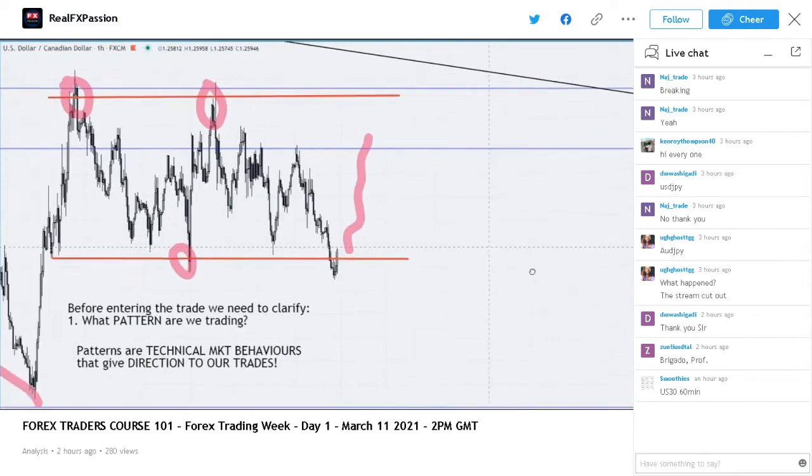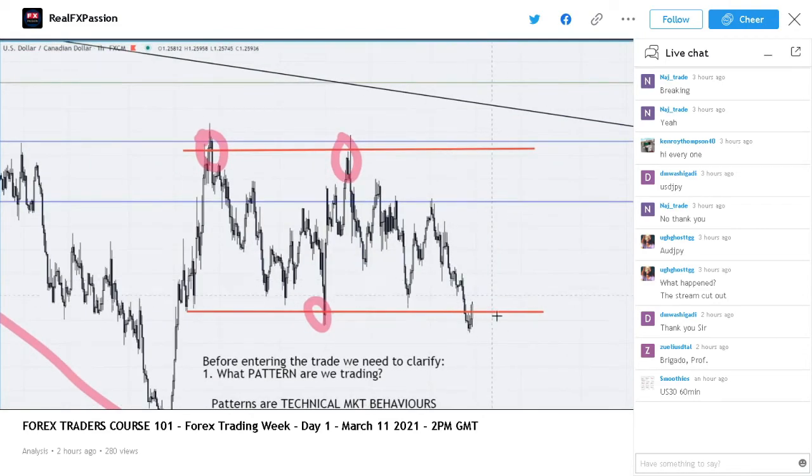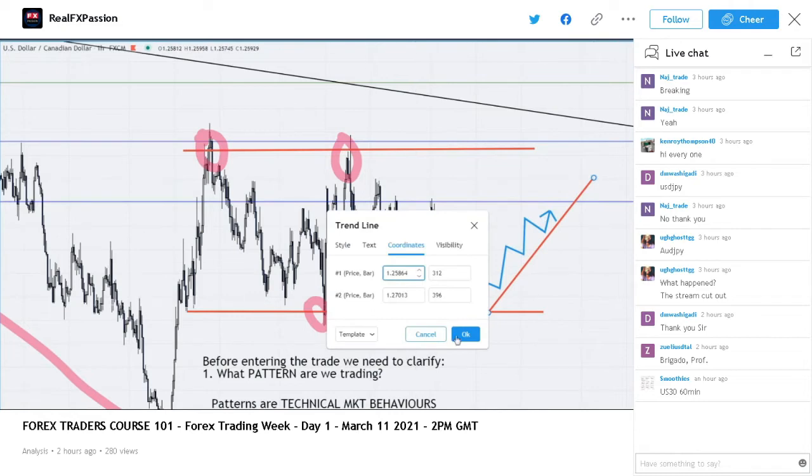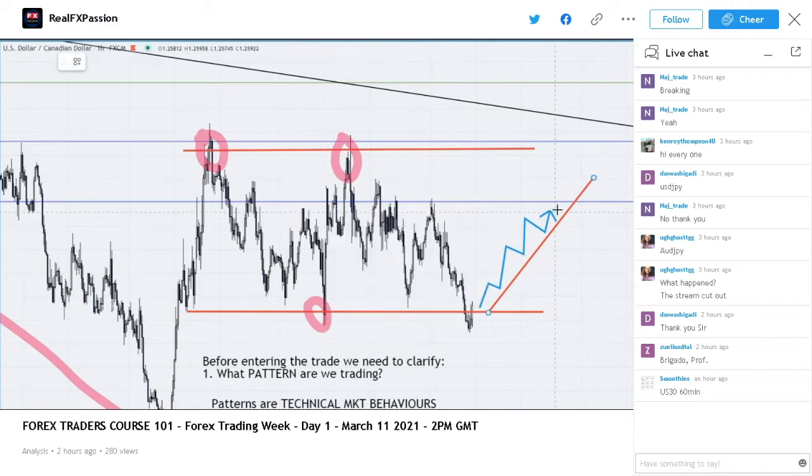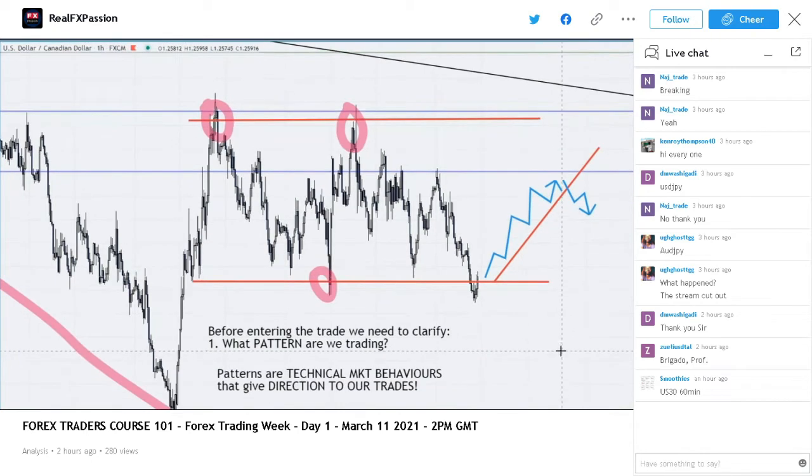So if this is your pattern, you are going to wait for the market to hit this level, and you are going to wait for a counter trend line break. And if and when the market breaks the counter trend line, then you are going to short the market. Make sense, beginner traders?